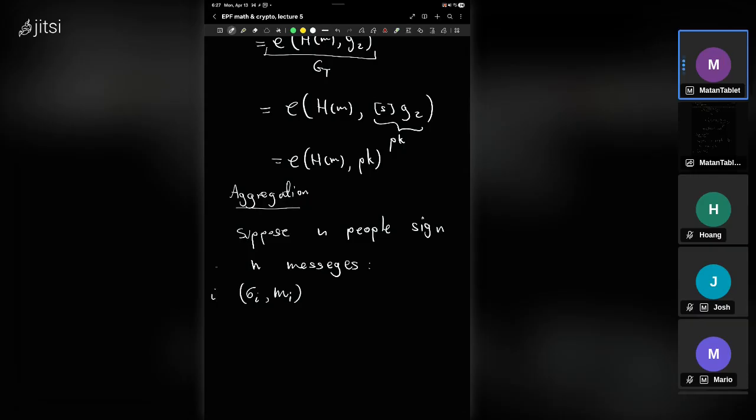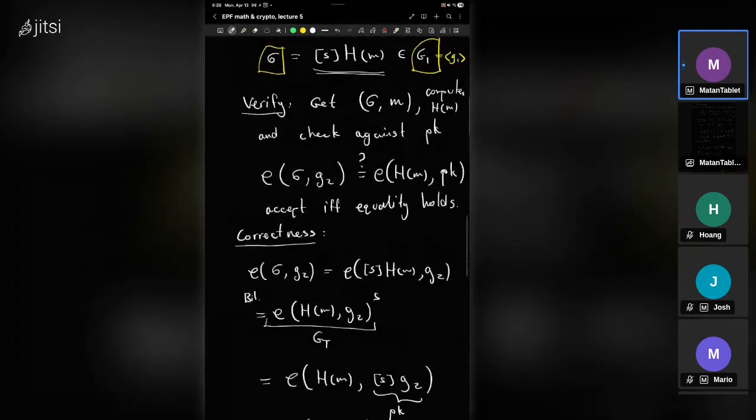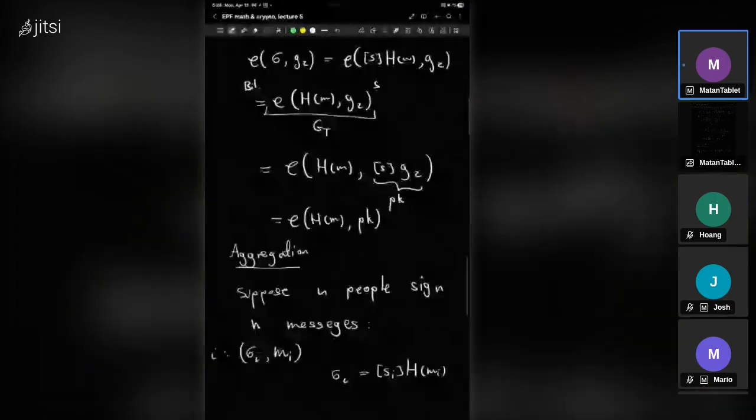For the i-th person, I have this tuple, sigma i, m i. And again, I'm assuming everyone is honest. So sigma i is somebody who took their secret key, s i, and multiplied it with H of m i. And sigma always lives in G1.